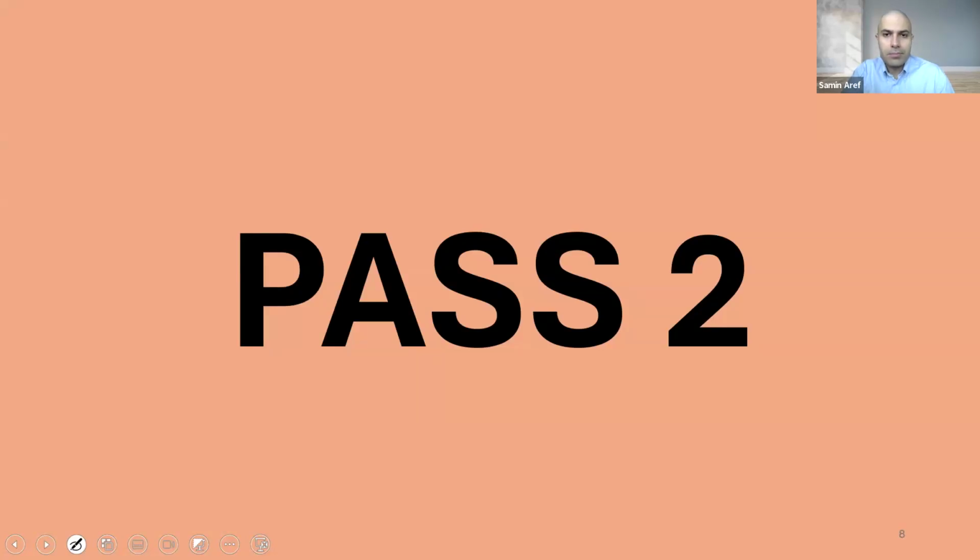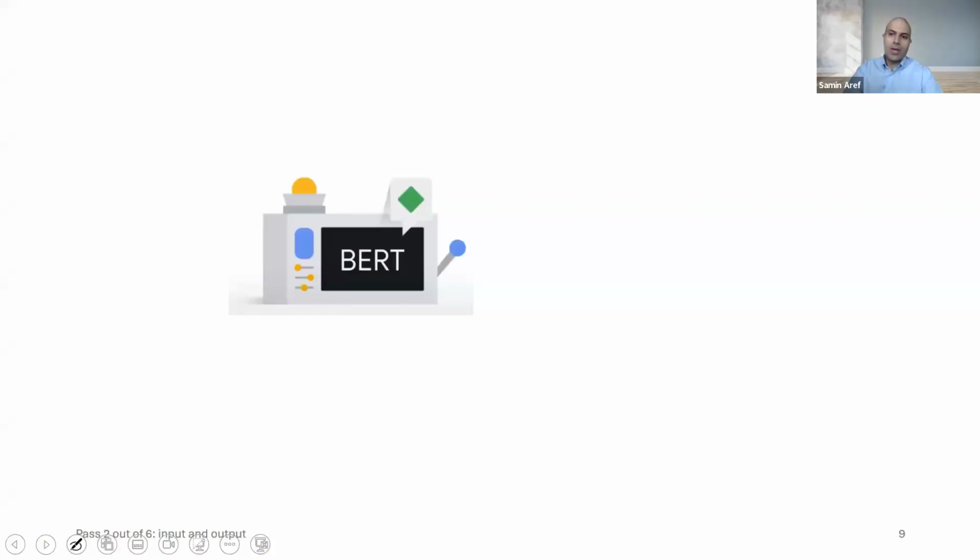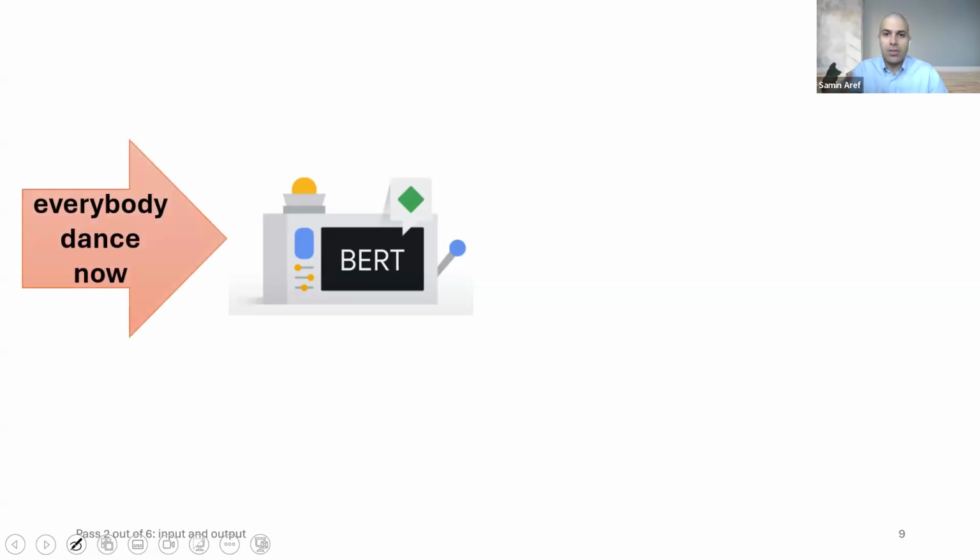Now in pass two, we're going to get deeper into the technical details and learn about the input and output of the BERT model. You can imagine that the BERT model is a machine that takes text as input. For example, it takes this sentence as input, and it returns a bunch of vectors for this input.